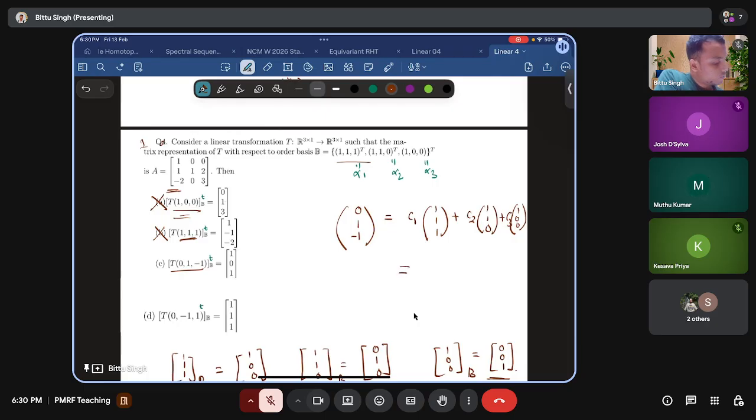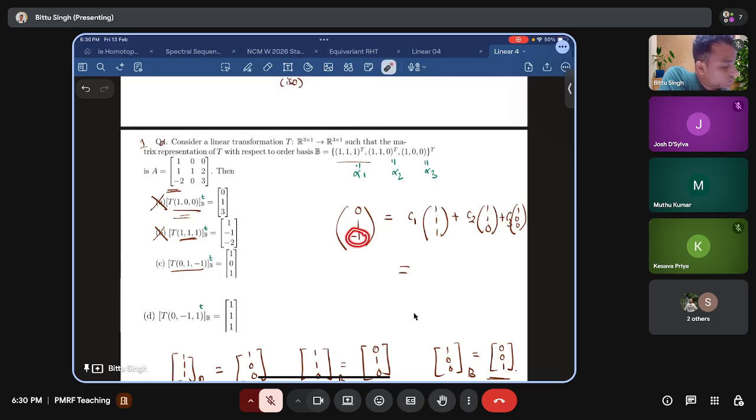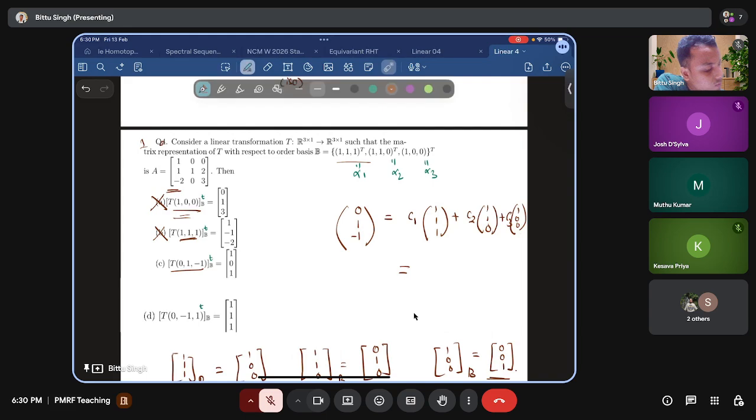What will be the values of C1, C2, C3? You see that the last entry, minus 1, occurs because of the first vector. There is nothing else which contains 1 in the third row; the last entry is 0 in the others. So C1 must be minus 1.